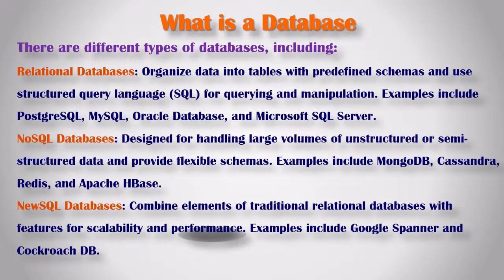NoSQL databases are designed for handling large volumes of unstructured or semi-structured data and provide flexible schemas. Examples include MongoDB, Cassandra, Redis, and Apache HBase. NewSQL databases combine elements of traditional relational databases with features for scalability and performance. Examples include Google Spanner and CockroachDB.